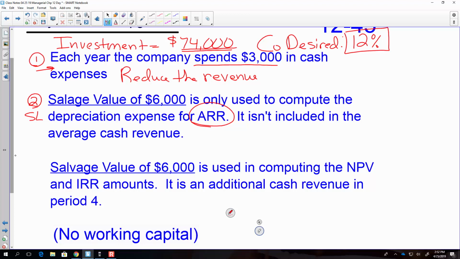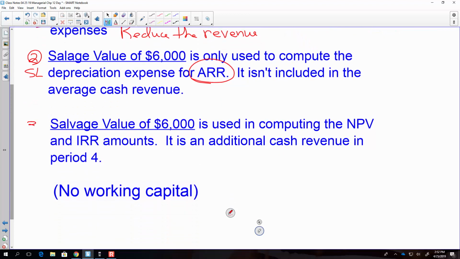However, my next comment, for net present value computation and internal rate of return computation, it is. So in year 4, I'm going to take my 32,400. I'm going to subtract my 3,000, but I'm also going to get what? The salvage value in year 4.